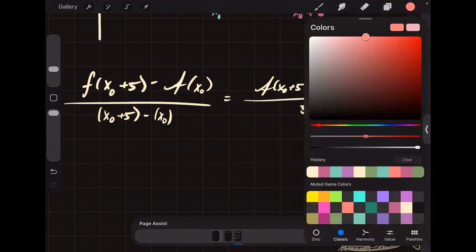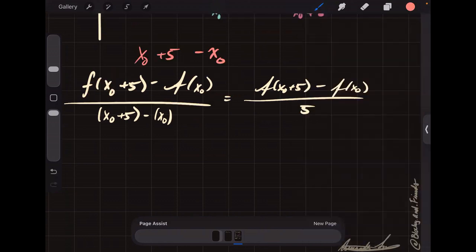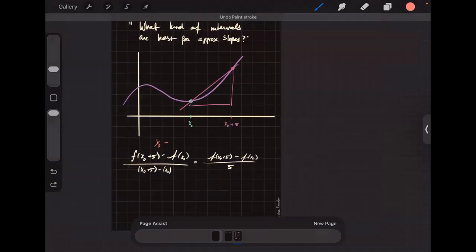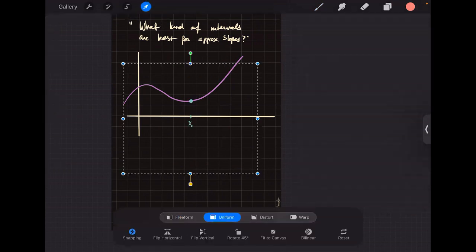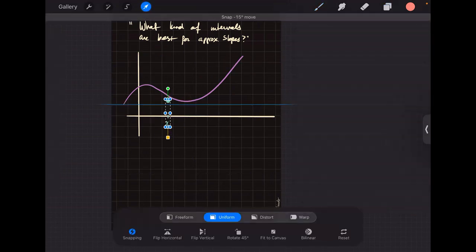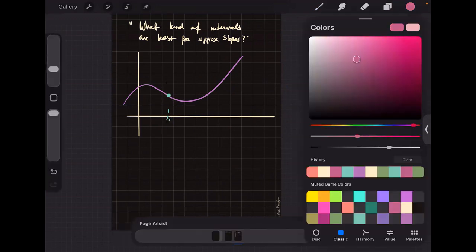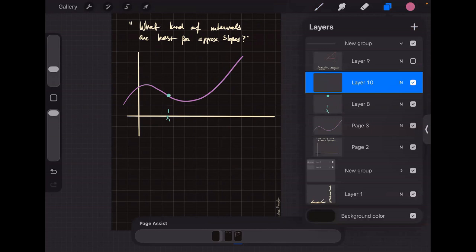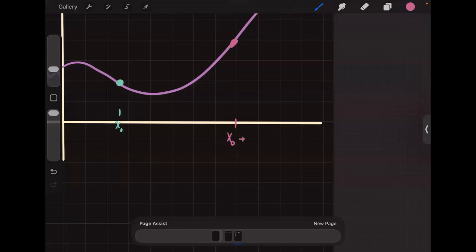It's important to note that you cannot break this into this minus this. Don't do that, because you have to run it through the function first. Now, what if I said I want a different x sub 0? Let's say I wanted that, and we approximate from here, x sub 0 plus 8.